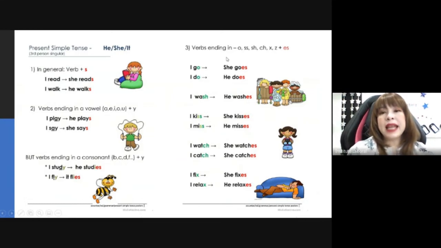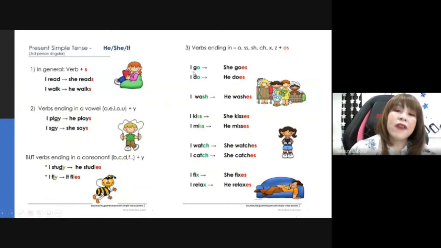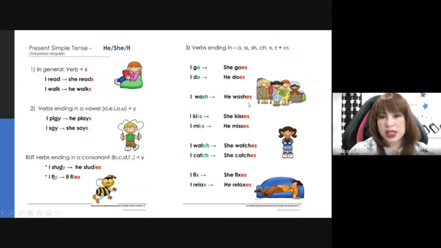With the verbs ending in the vowel O, double S, sh, ch, x, z, we have to add the extra syllable es. So I go, she goes. I do, he does. I wash, he washes.